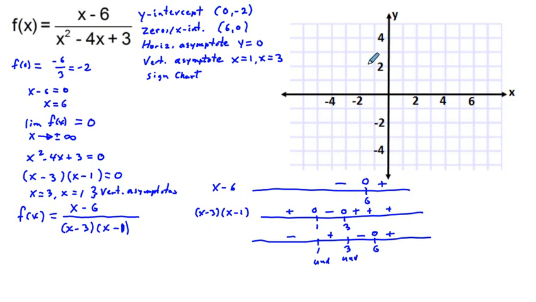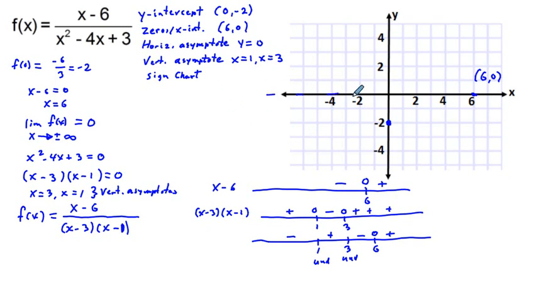So now let's go ahead and sketch in our graph. We have everything we need, all the intervals. And so we're going to put our y-intercept down here. There it is. We're going to have our x-intercept right here at (6, 0). We're going to have our horizontal asymptote at y equals 0.